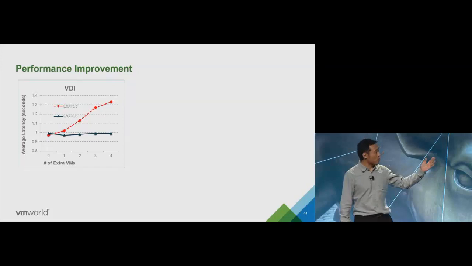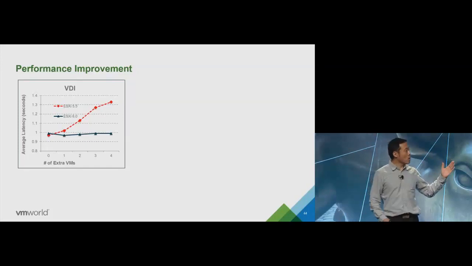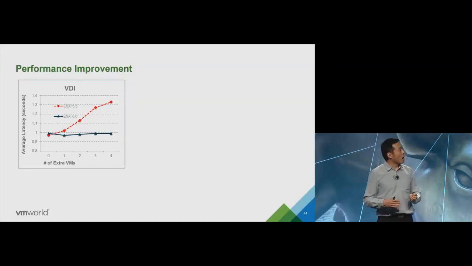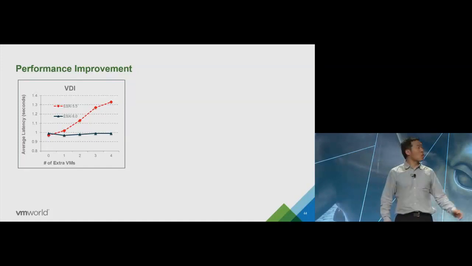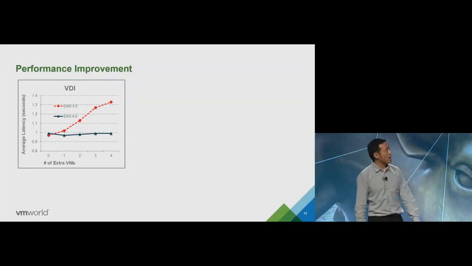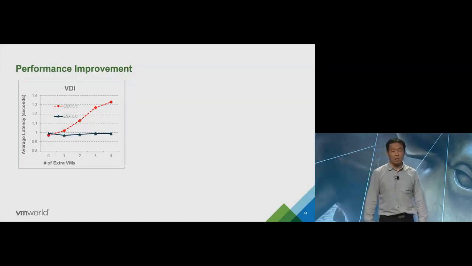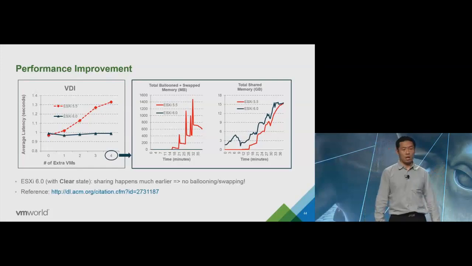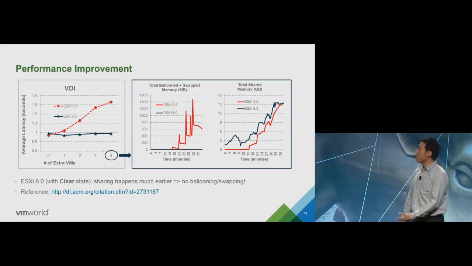As you can see, as the number of extra VMs increases, the latency increases by about 30% with the ESX 5.5 hypervisor, whereas the latency is almost not impacted at all for the ESX 6.0 hypervisor. The reason why 6.0 has such a good performance advantage can be explained in this figure.